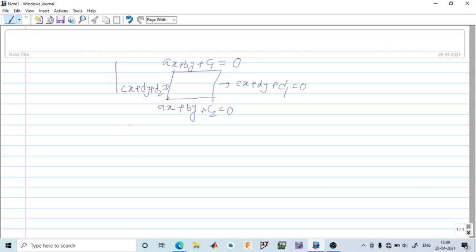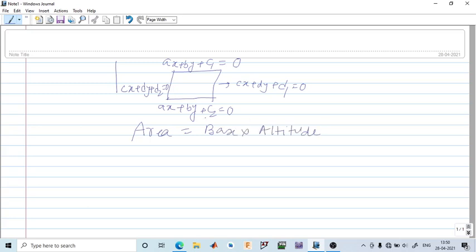Whenever we are calculating the area, we know that the area of a parallelogram is base into altitude.